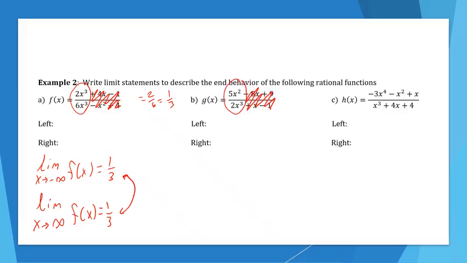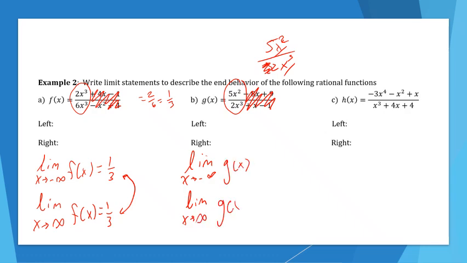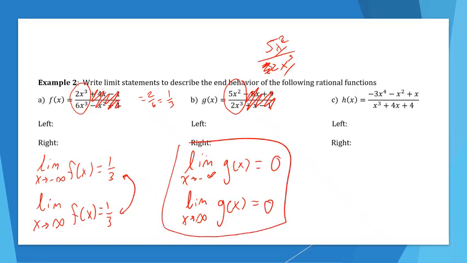You can drop those and you have 5x squared over 2x cubed, but you still have x squared over x cubed, so basically you're going to go to 0. So our two limits would be the limit as x approaches negative infinity and the limit as x approaches positive infinity of g of x is going to be equal to 0.